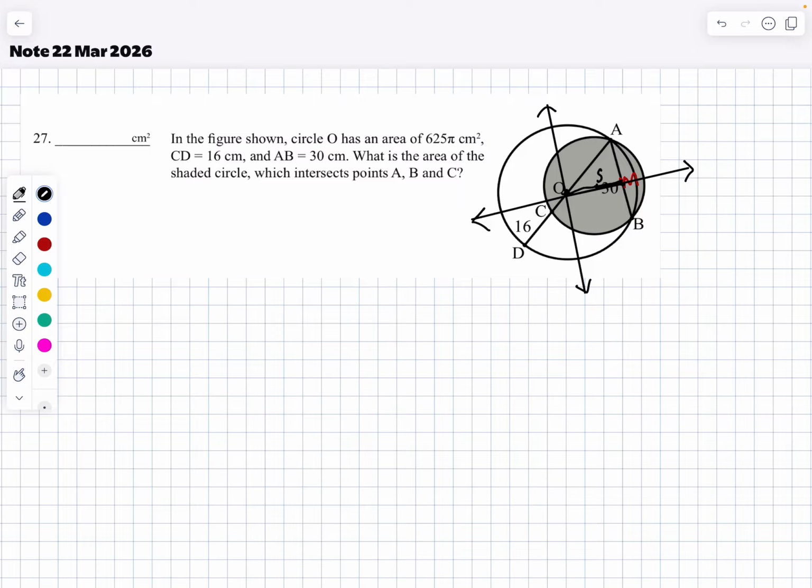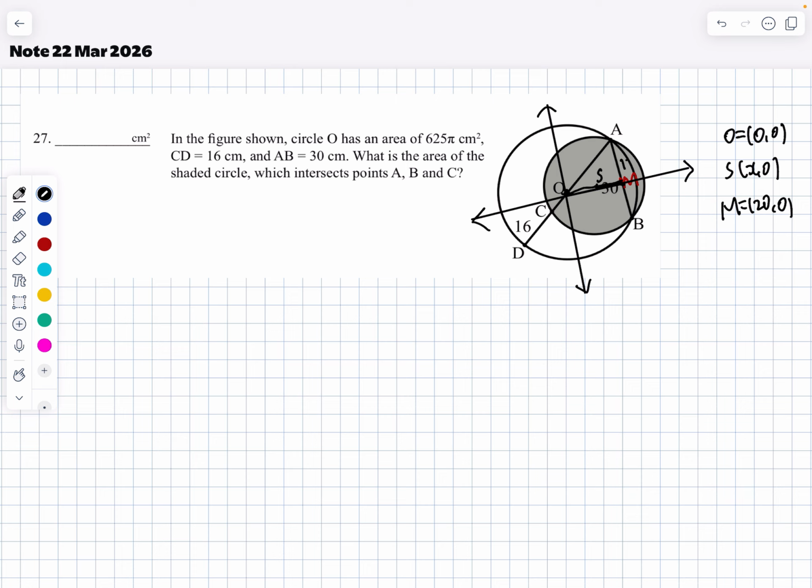So let's find the points. O is (0, 0), and we don't know where S is, so let's say S is (x, 0).